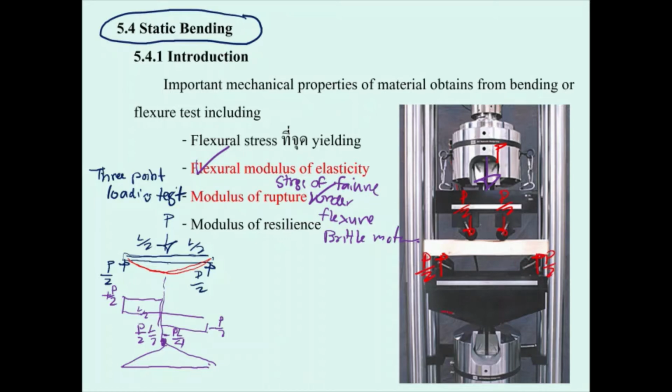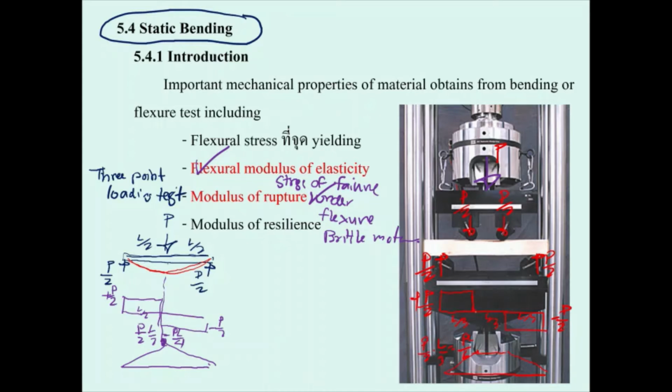What we have here is the shear force diagram in the shape like this, and we also have the moment diagram in the shape like this. Our shear is going to be P over 2 and minus P over 2 here, and the moment, since this one is L over 3, L over 3 and L over 3, the maximum moment is going to be P over 2 times L over 3. That is PL over 6.